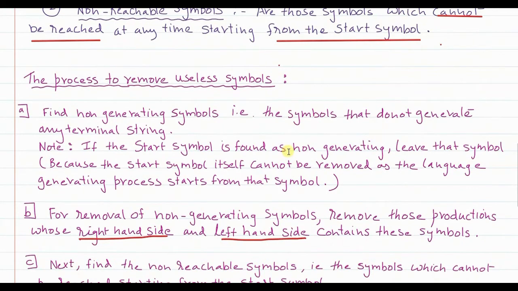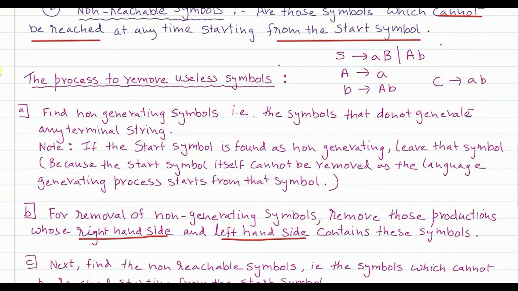So suppose I had the production S gives aB or capital A small b, then A gives a, B gives AB, and another production, that is C gives AB.